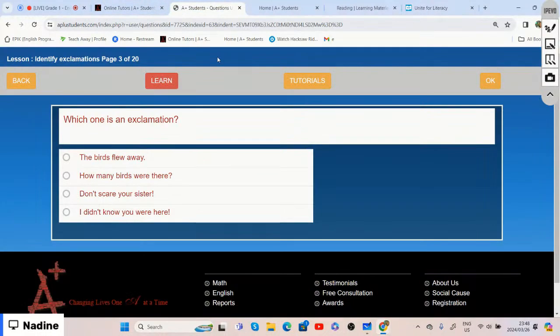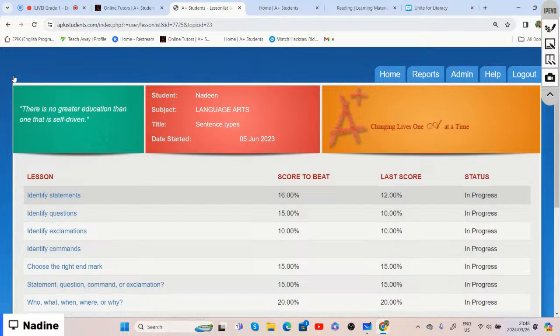All right, so that is now the end of our lesson, right? We learned about the four different types of sentences. We have a statement, a question, an exclamation, and a command. A statement just tells us about something and it ends with a period.